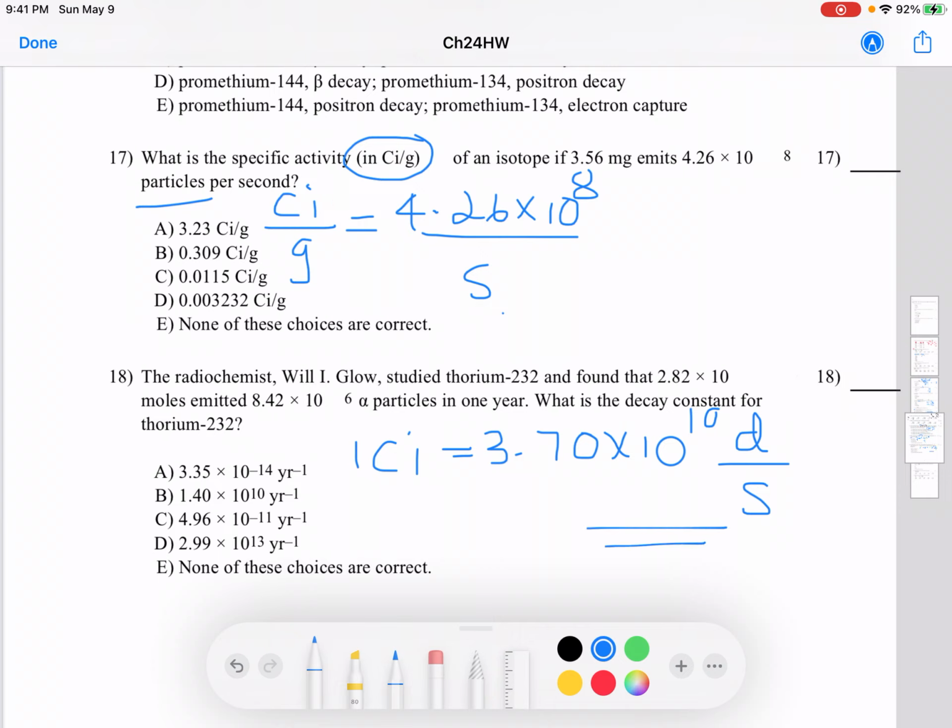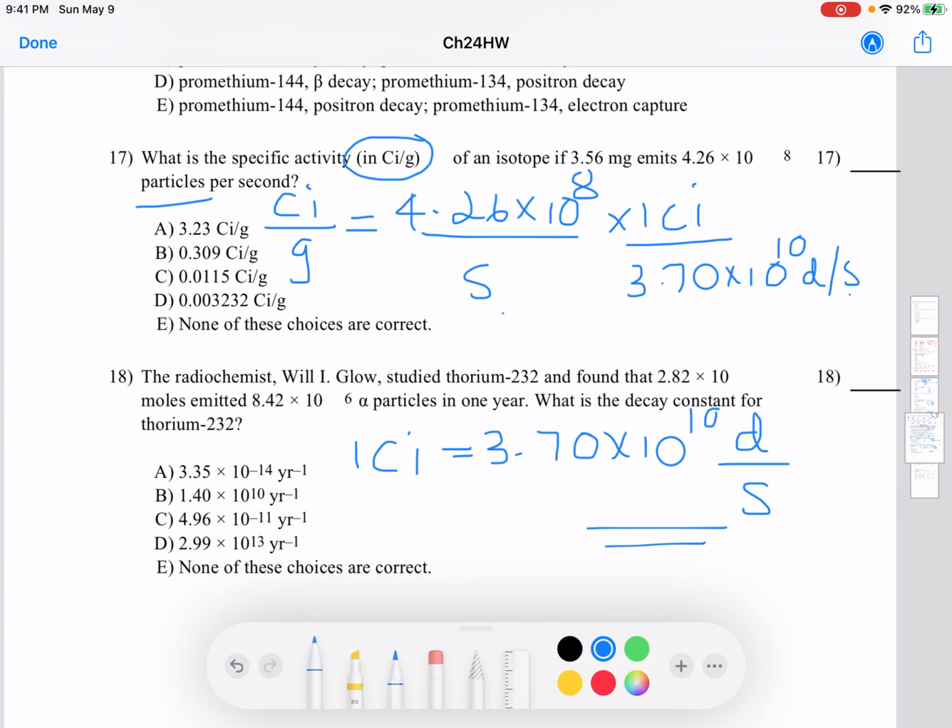We see 1 Ci equals 3.70 times 10 to the power 10 disintegrations per second.